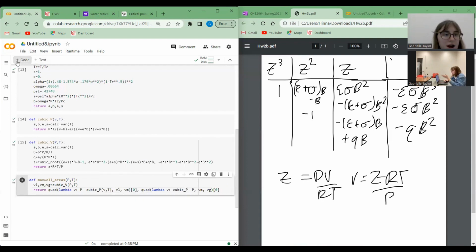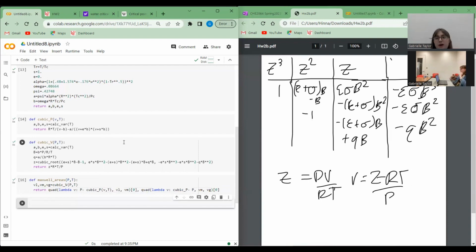Okay, so now what we wanted to do in our equation is calculate the areas using our Maxwell function to find the vapor pressure, and we wanted to use a temperature of 373 Kelvin.